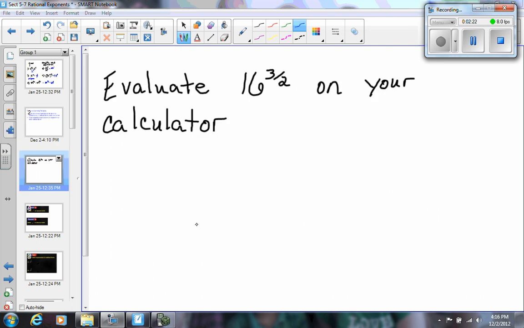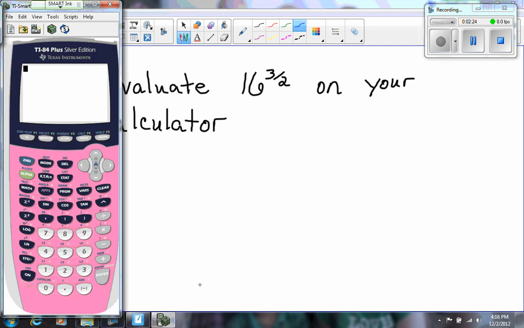First, what I'd like you to do is take your calculator and evaluate 16 to the 3 halves power. And you should practice this on your calculator as well. So we're going to have 16, and to raise it to a power, you're going to use the little caret key.